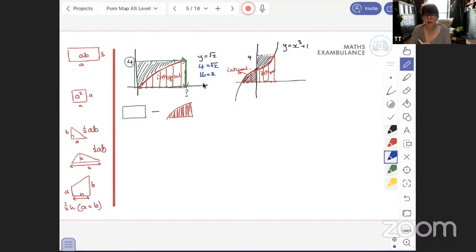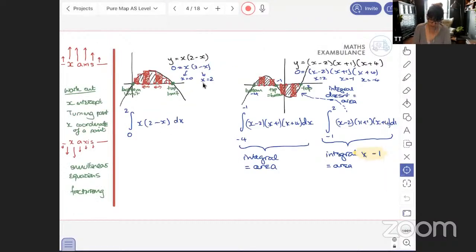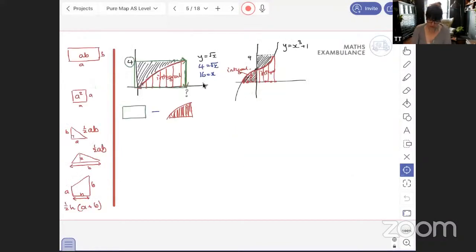The jobs that you have to do are always something slightly different every time, but you'll see it comes back to always the same things: finding an x-intercept, finding a turning point, finding the x-coordinate of a certain point. And then that gives you the information that you need to form your shape and your integral.